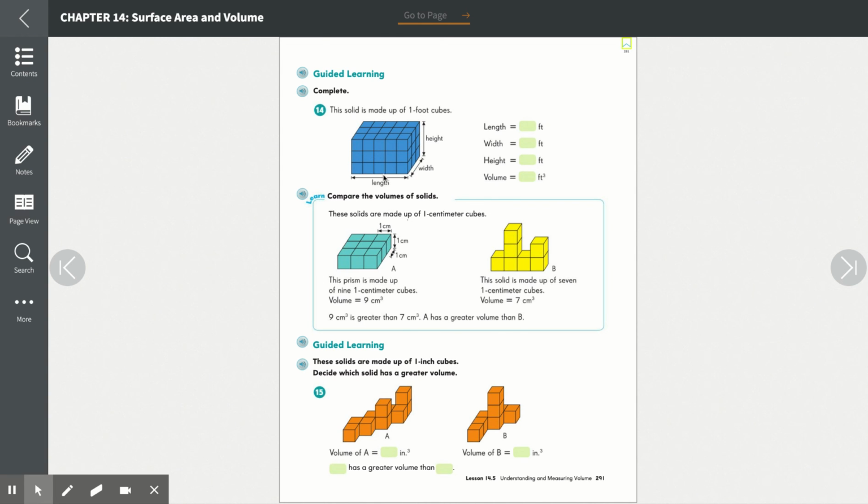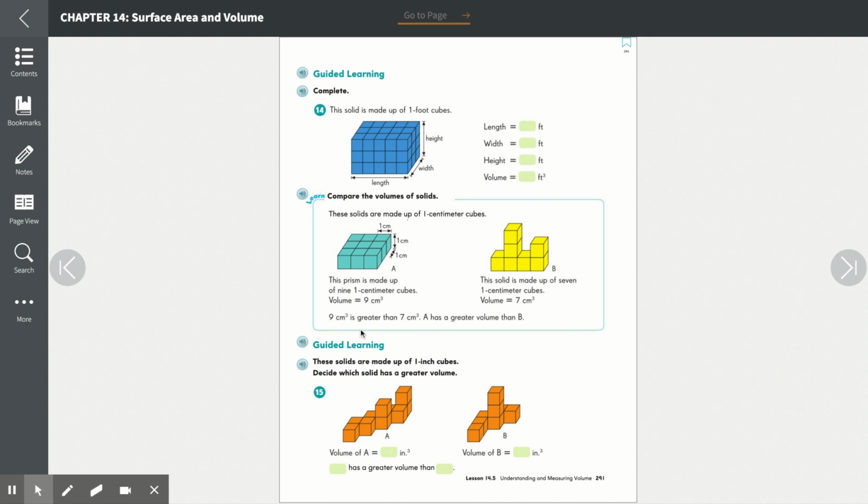This solid is made up of 1-foot cubes, and you would just count 1, 2, 3, 4, 5 in length, and then 3 in width times 3 in height. So for this one, you would have 5 times 3 is 15, and then 15 times 3 would be 45 feet cubed.